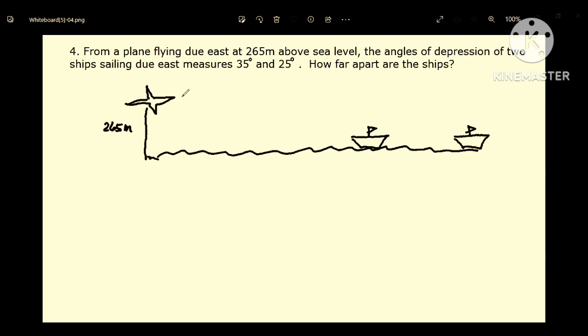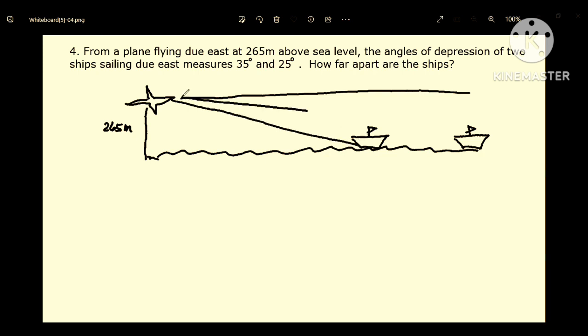Okay, so to draw the angle of depression, again, we draw a horizontal line. Now, the first line of sight is from the plane to the first ship, and the second line of sight is from the plane to the second ship. Now, where is 35 and where is 25 degrees? Of course, 25 degrees, ito yung mas maliit.